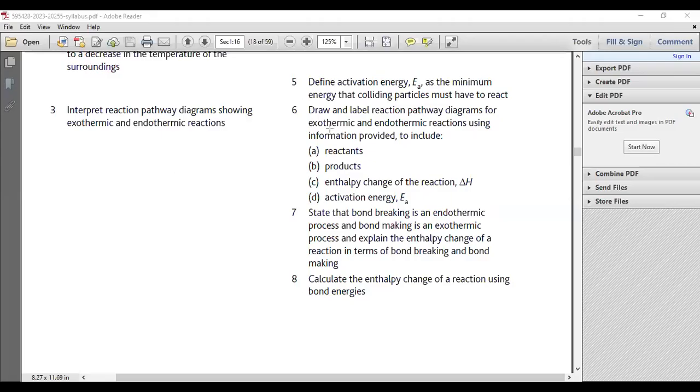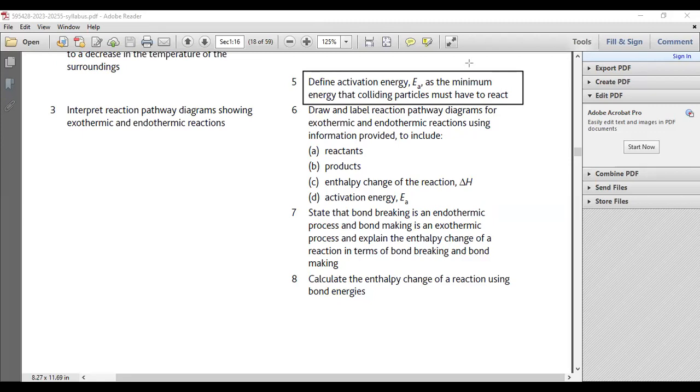Here, I'm going to share the exact definition from the syllabus. Ahmed, can you read this part? Yes, okay.